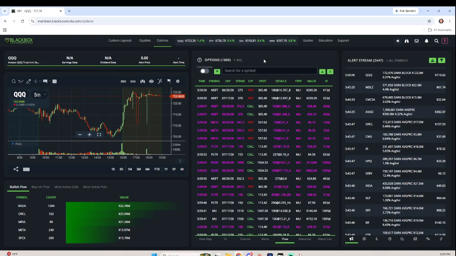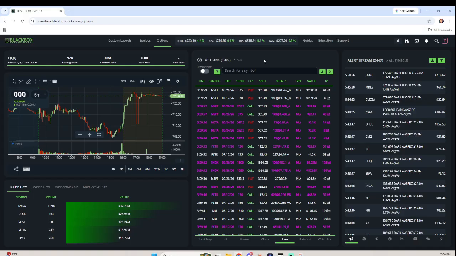And then the next one was executing on options flow. Build a story. Don't just look at the options flow and follow it blindly, because nobody is sizing it according to your own portfolio. Unfortunately, you're going to follow it with more money than you should, and then you're emotionally going to sell it.